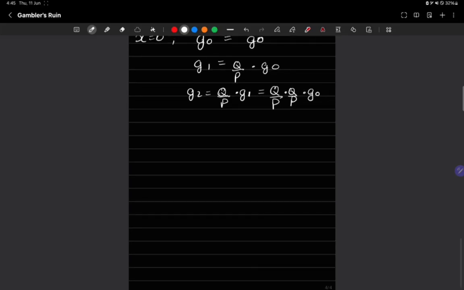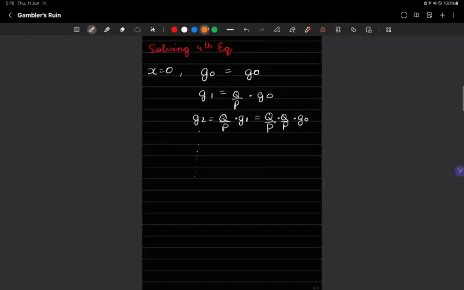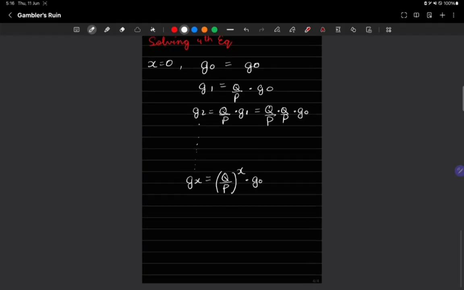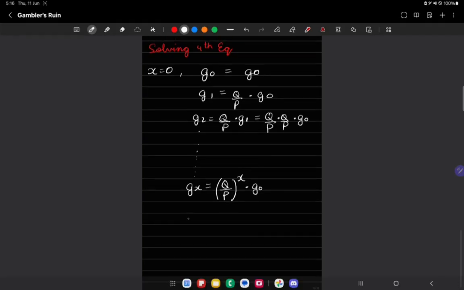So as we can see from here, it will become a geometric series resulting in g of x equals q by p raised to the power x into g0. And as we know, it looks like a geometric series.